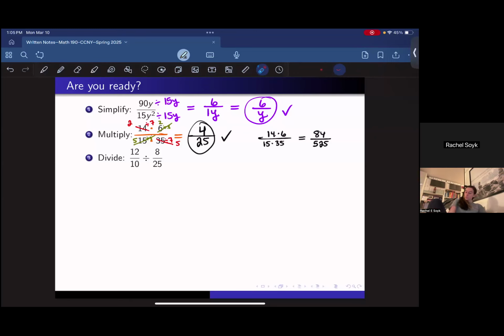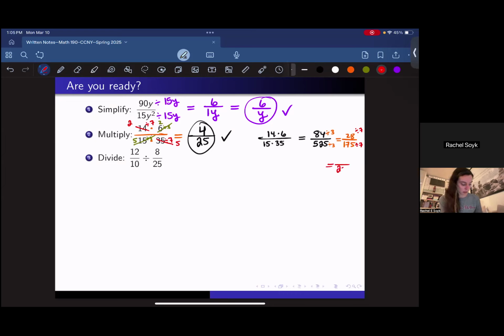And so 84 and 525 share a factor of 3. 84 divided by 3 gives us 28. 525 divided by 3 gives us 175. And then both of these go into 7. 7 goes into 175 25 times.